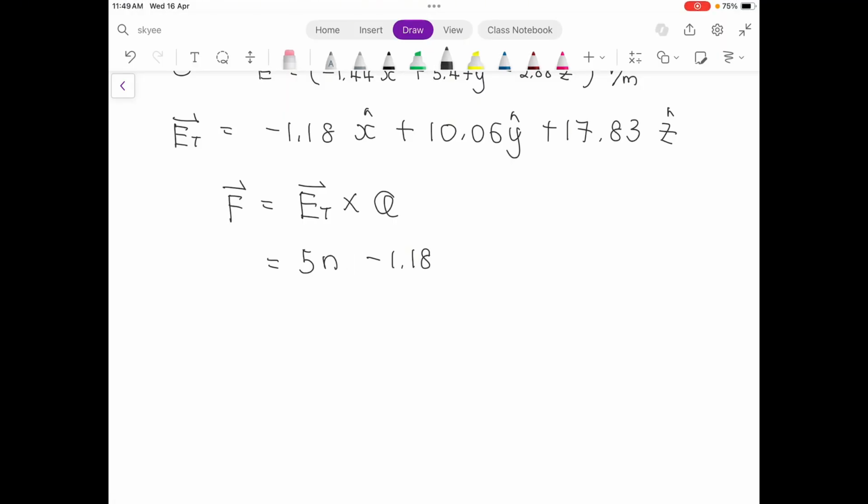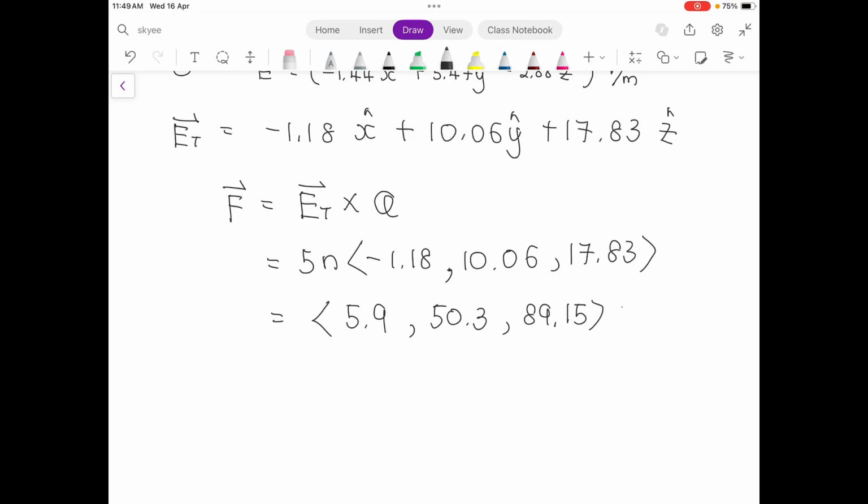5 nano. So you multiply with all these terms here, using this 10.06, 17.83, and 5 nano. So it is 5.9 nano, 50.3 nano, 89.15 nano.